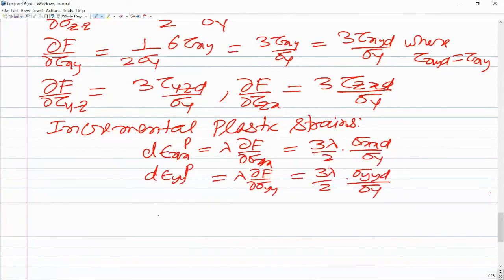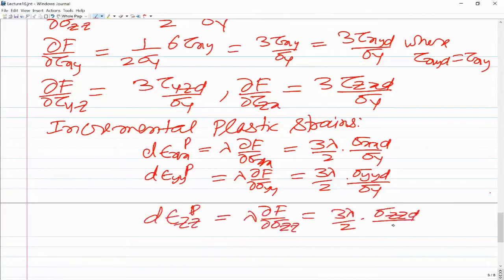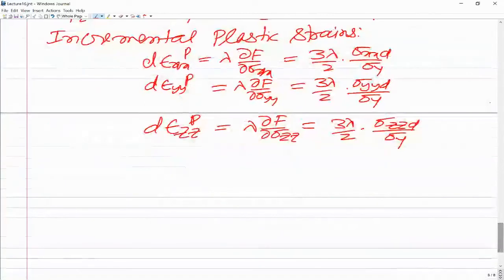And then you will have d epsilon zzp, similarly lambda into del f by del sigma zz. That would be 3 lambda upon 2 into sigma zzd upon sigma y. And similarly you can look at the shear components of plastic strain.